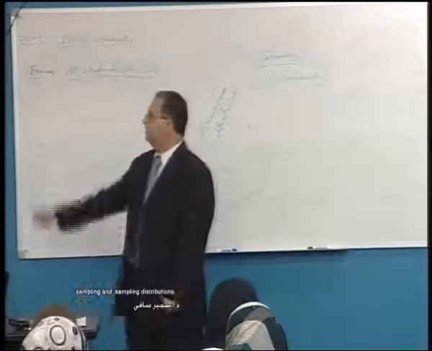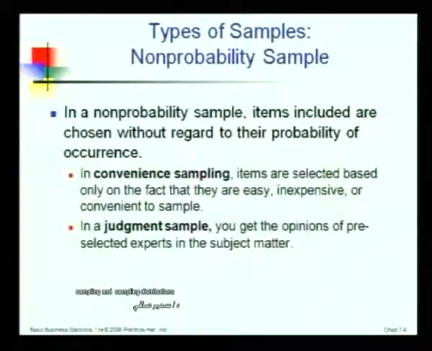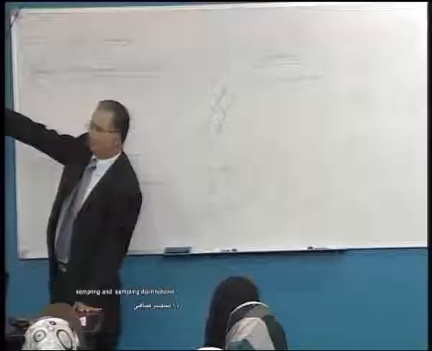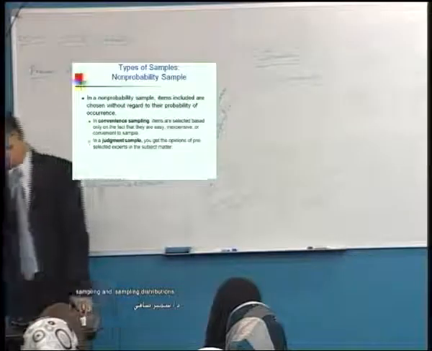But the convenient sample means that you select a sample that is easy for you, or less expensive, or that sample is convenient. For this reason, it's called a non-probability sample, because we choose that sample without regard to their probability of occurrence.